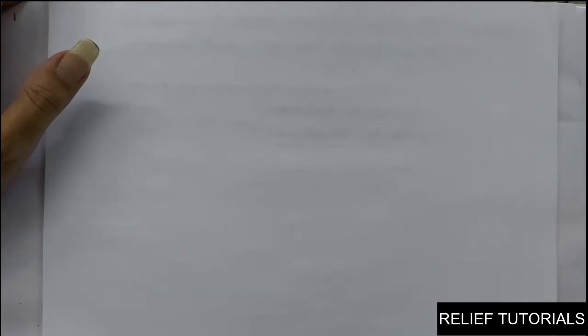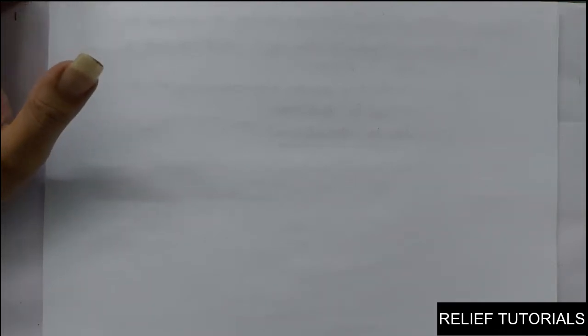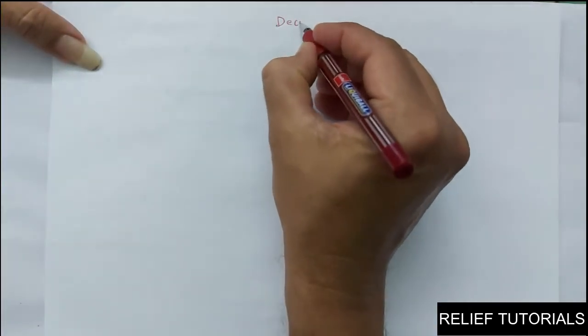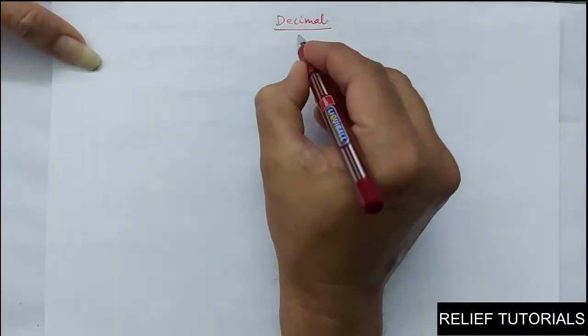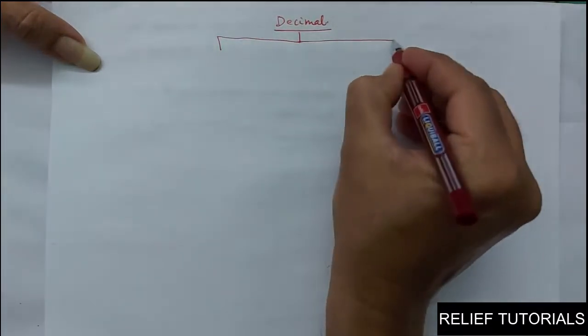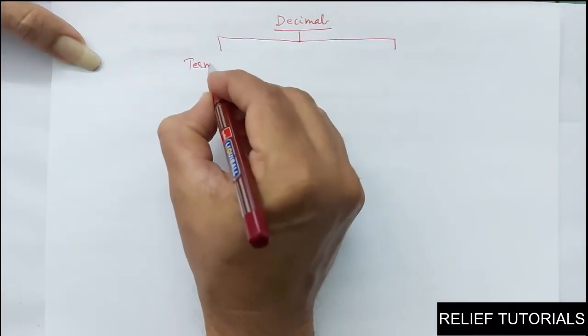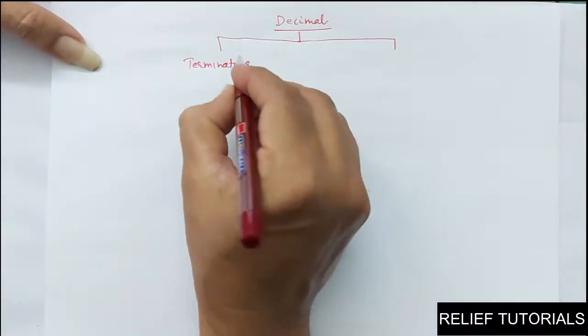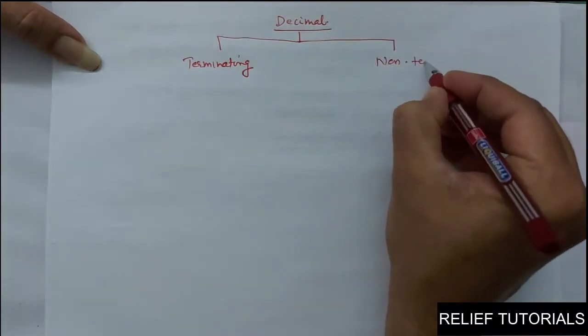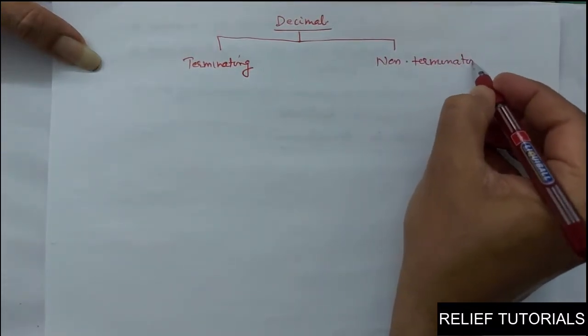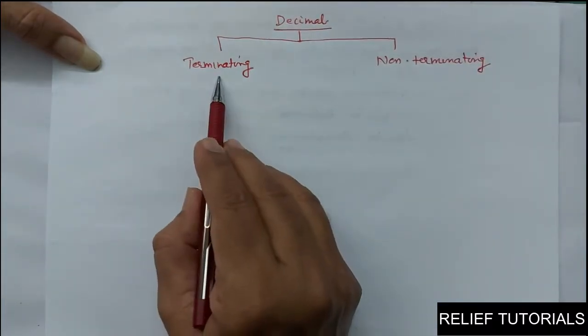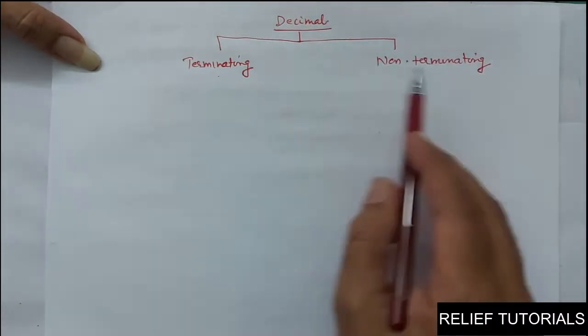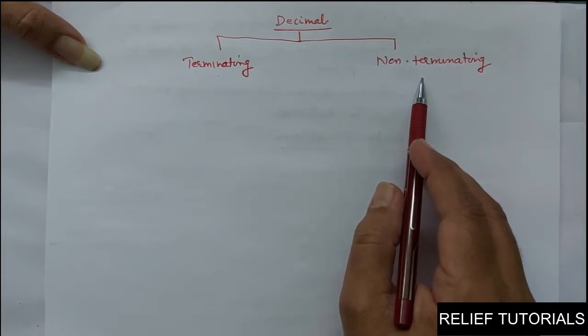Today we will discuss the last lecture of real numbers. See which topic and which theorem we are going to learn. I have explained earlier, if I say decimal expansion, then decimals are of two types. You may be knowing that. Terminating decimal means which ends, and the second one is non-terminating decimal, which does not end.